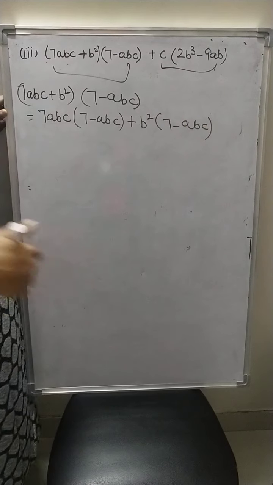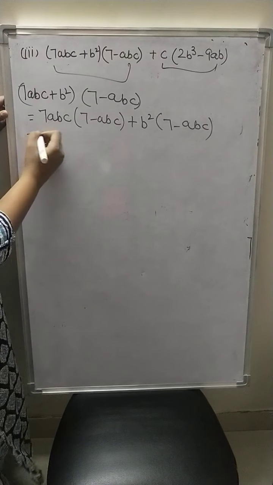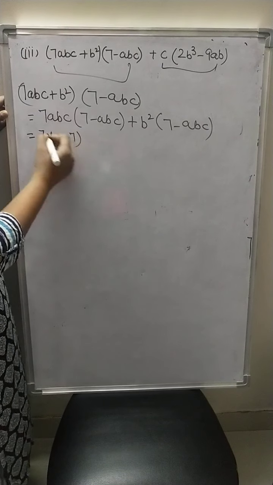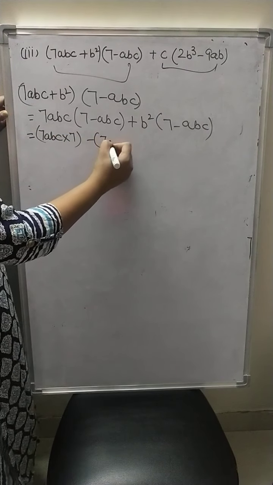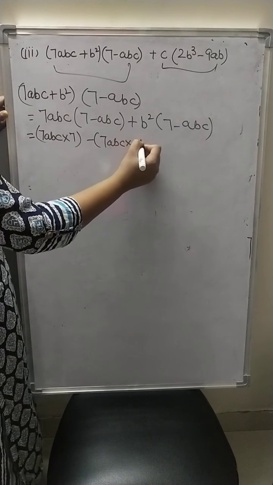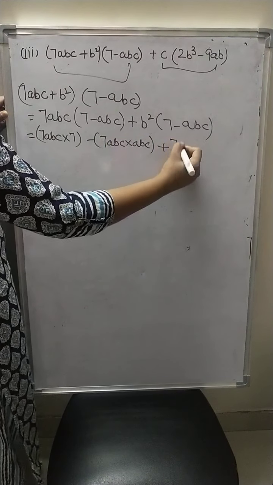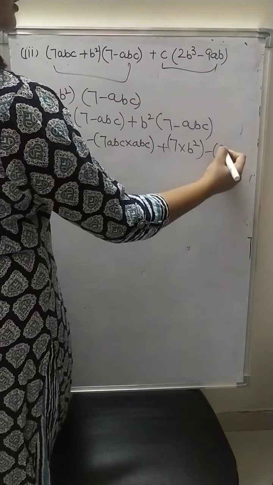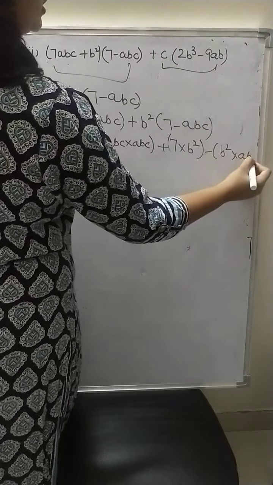Whichever method you find easy, you can do that method. So that is equal to 7abc into 7 minus 7abc into abc plus 7 into b square or b square into 7, you can write anything, minus b square into abc.